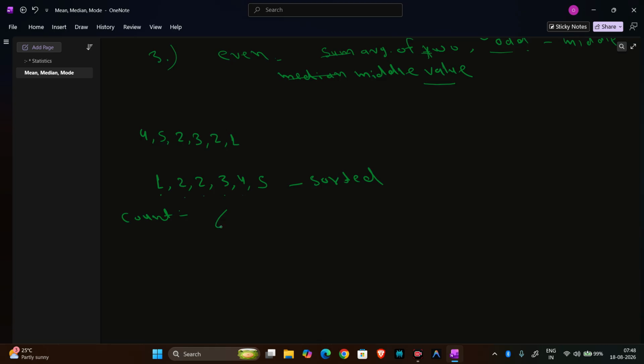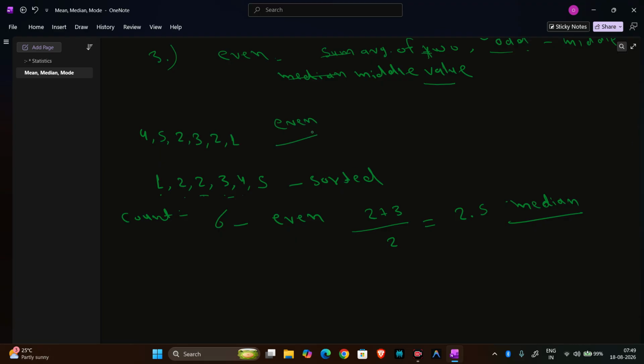The count is 6, which is even, so we get two middle values, 2 and 3. We do 2 plus 3 divided by 2, and we get 2.5. So that's the median for this data set, for an even count.